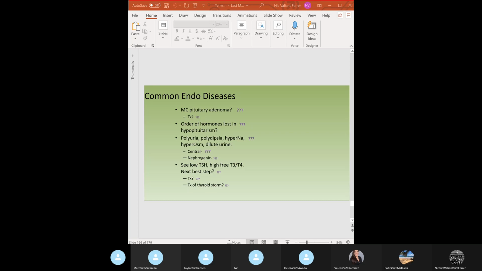Now, what if I give a desmopressin test? What happens to urine osmolarity in central in a desmopressin test? In central, does the urine osmolarity increase or decrease? Increase. Excellent, increase.